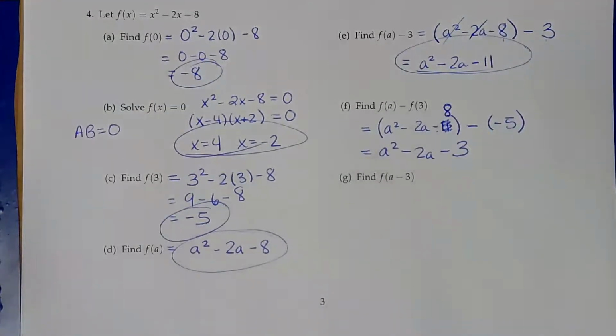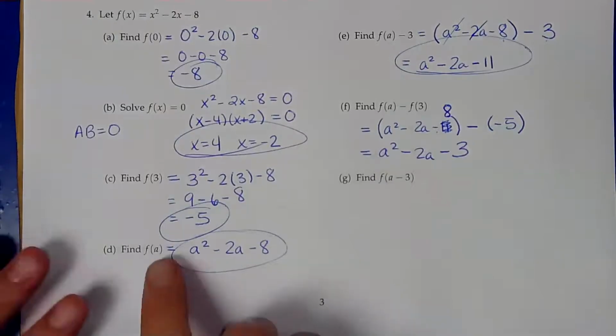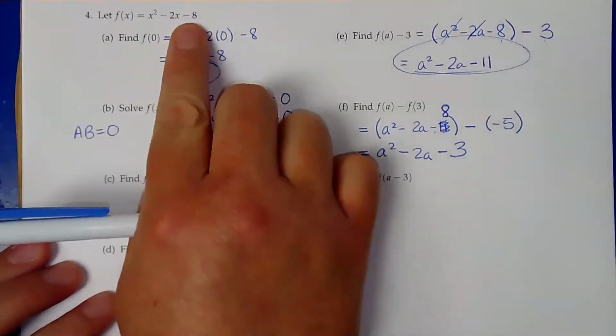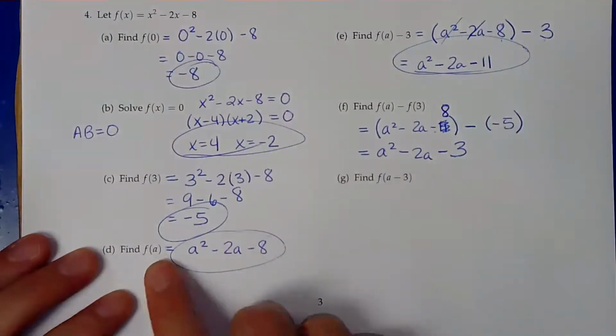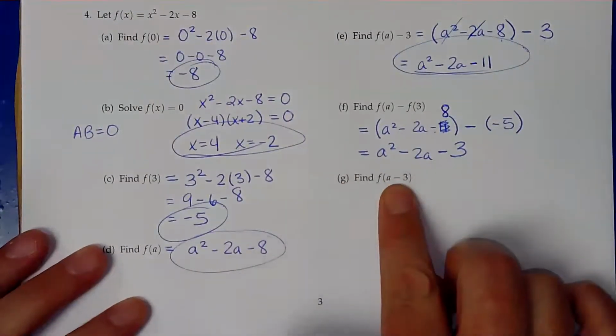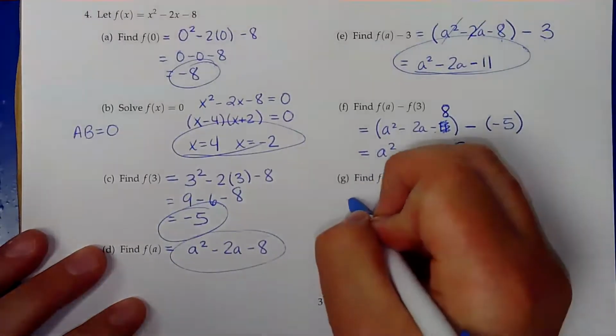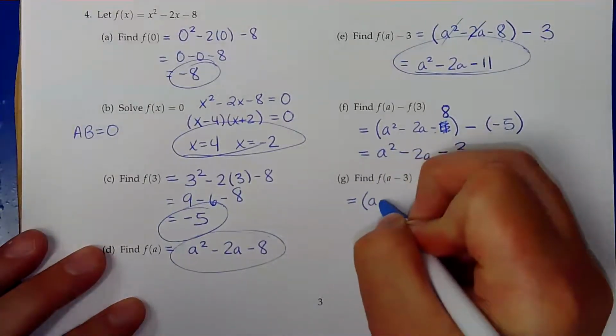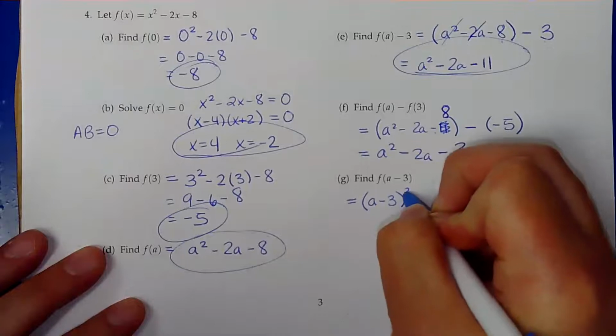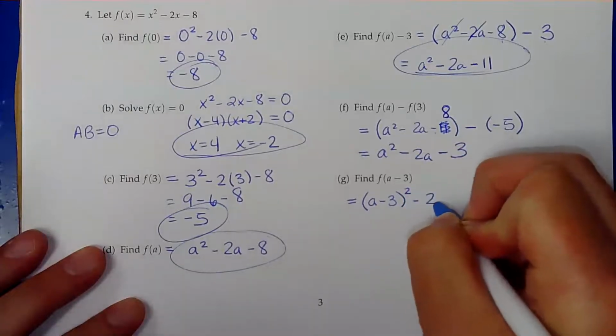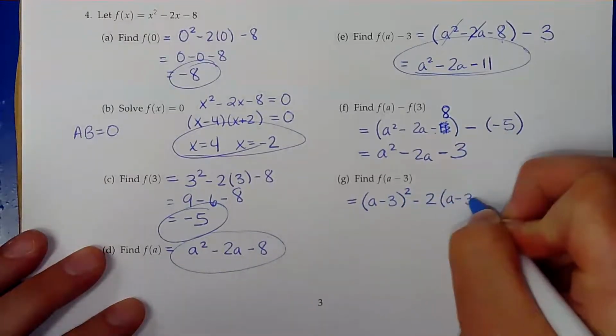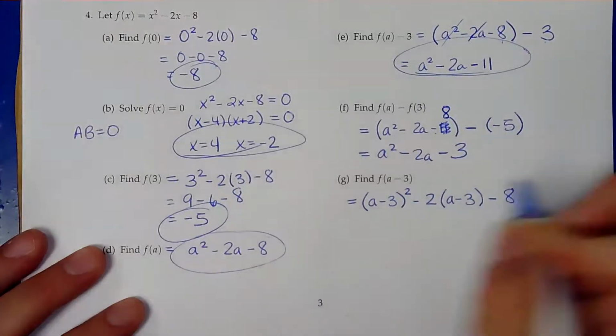All right, and then the last one is find f of a minus 3. Similarly to how we handled this one, where every place we saw an x, we replaced it with an a, what we're going to do is replace all the x's with a minus 3. So that's going to look like the quantity a minus 3 in parentheses squared minus 2 times a minus 3 minus 8.